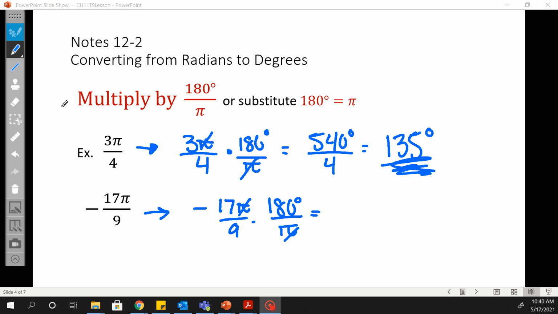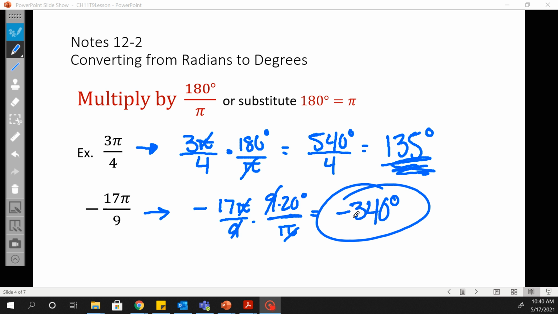Actually, let me simplify it right now, because I know that 180 is 9 times 20. So these 9's can cancel. So I got negative 17 times 20, which is 340. So this is negative 340 degrees.